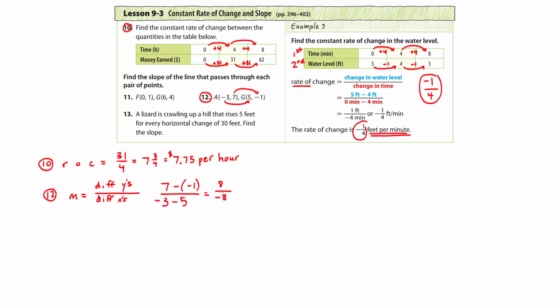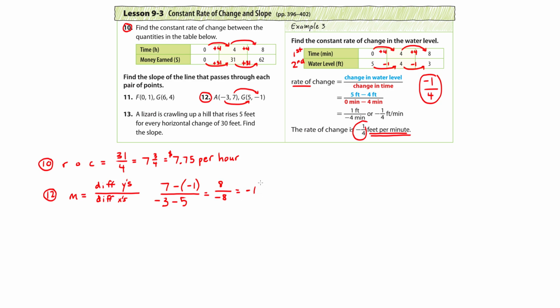So it's 8 divided by -8. If this was just reduced as a fraction, that's great, but this actually reduces to an integer. It'll be negative because one of them is negative, and then 8 divided by 8 is 1. So this is going to be -1. So the slope of the line between those two is -1.